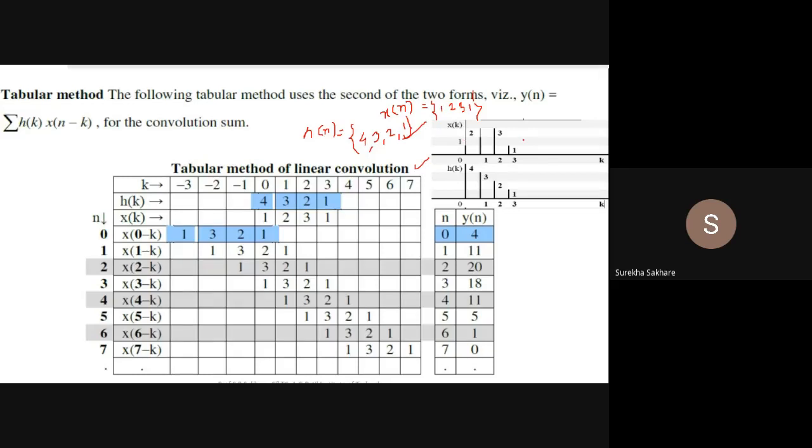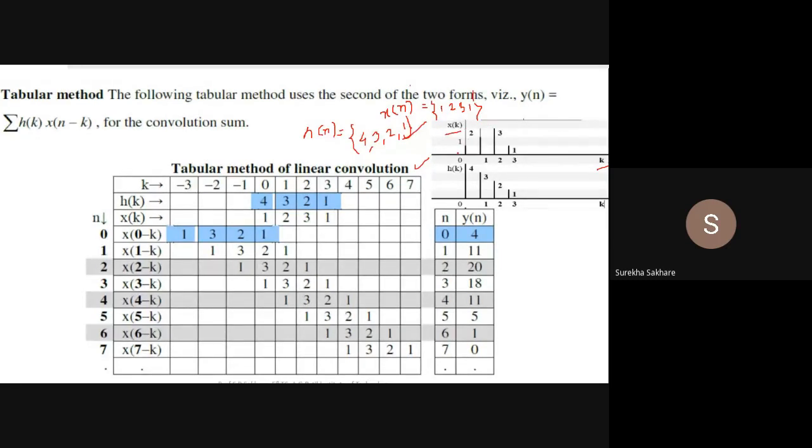In the graphical method, we convert xn by simply changing the index. In that index, you will put k, so you will take it as x of k.